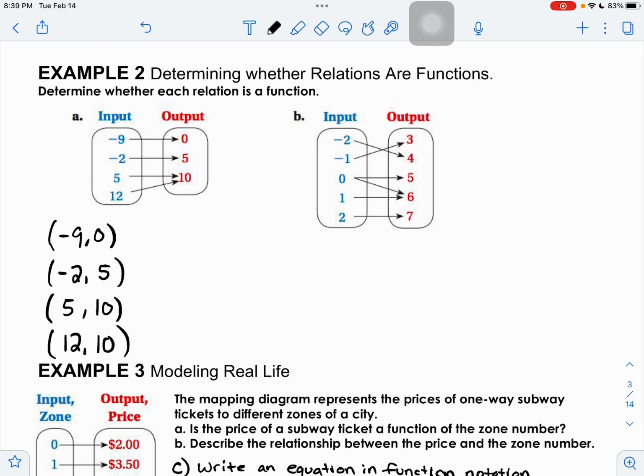It's okay that the output is repeated, because each input has its own output. I know that the answer to 5 is 10, and the answer to 12 is also 10, but they each have a single answer. So in A, this would be a function.